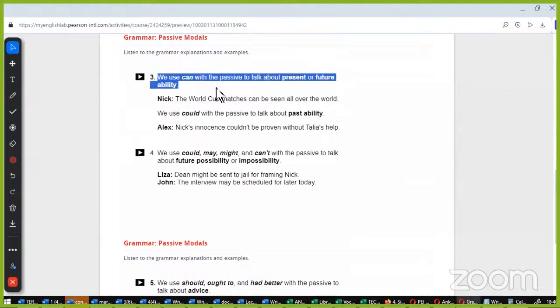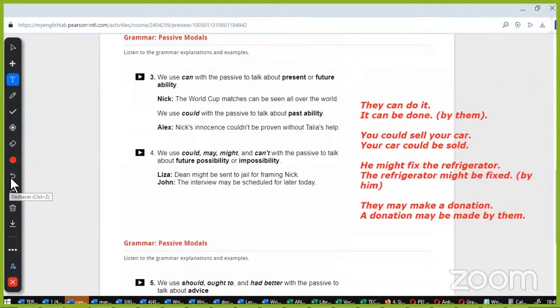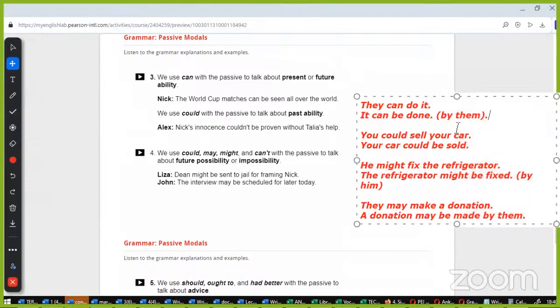Here we use can to talk about present or future ability. And we use could with passive voice to talk about past ability. Like here, as we said, right? We already saw this. They can do it, it can be done. This is one example. You could sell your car, your car could be sold.